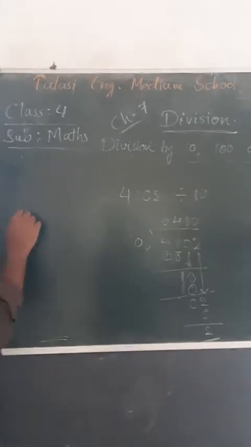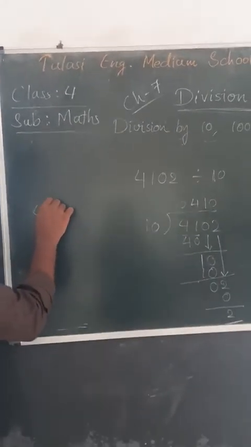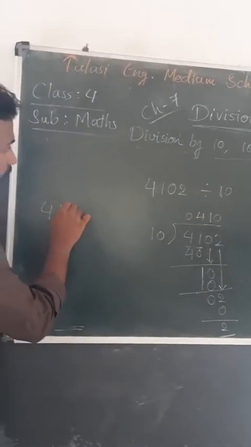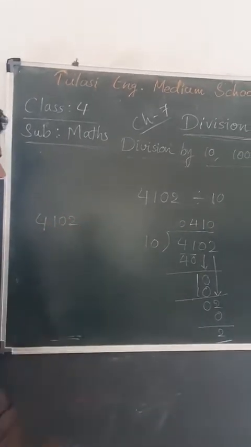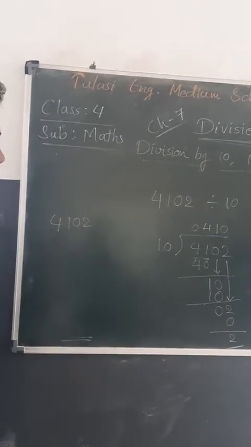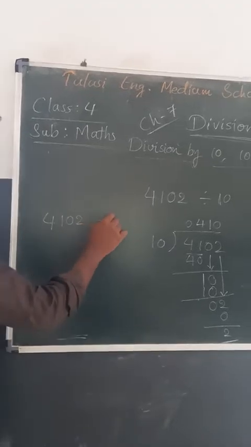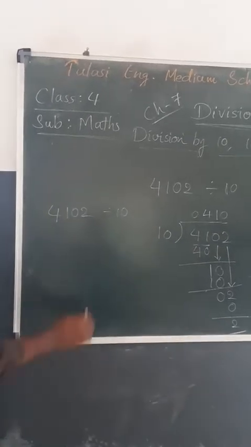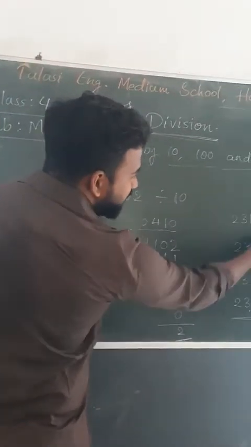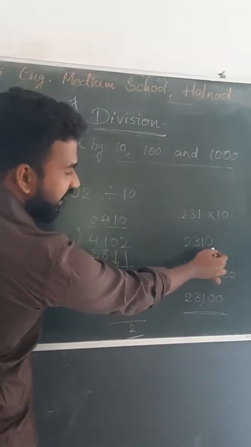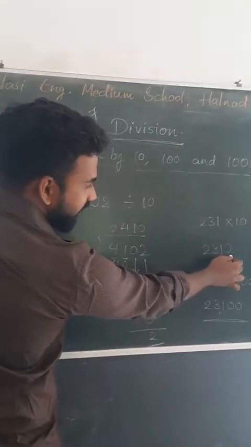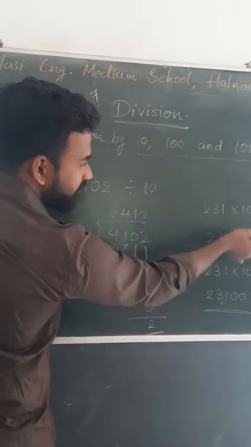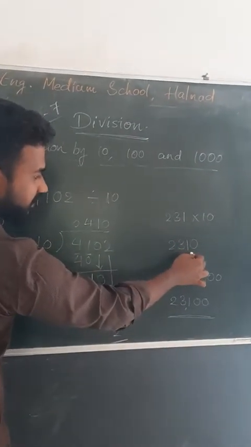See, 4102 is the dividend. We divided by 10. In multiplication, when we multiply by 10, one more place will be added. See, 231 became 2310.